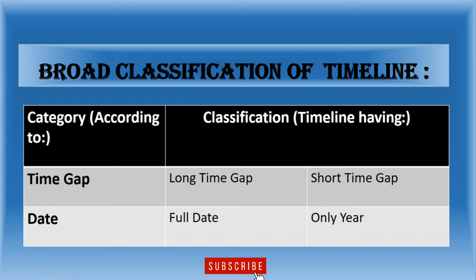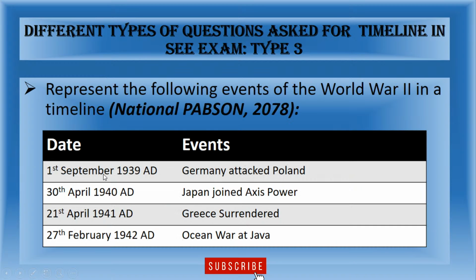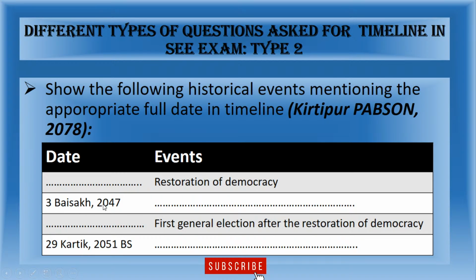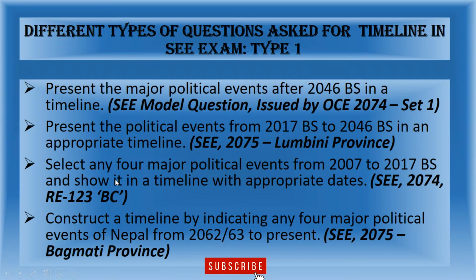The timeline having full date means this has got full date, and this has got full date, and this also has got full date. But here, if you see the first, second and this fourth one, I already told you there is a choice, so you may prepare the timeline only giving the year 2046, 2047, 2048, like this.